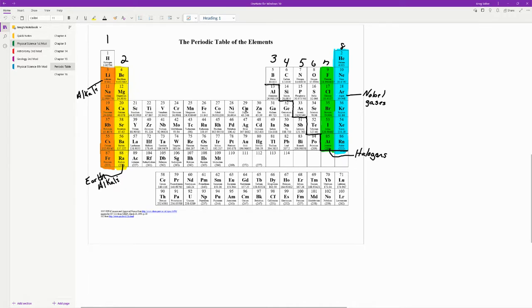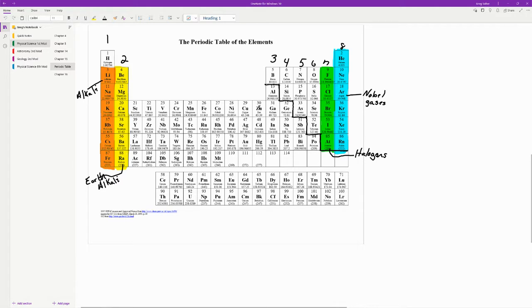Now, neutrons are not always equal to the number of protons. If we look, for example, at zinc, the atomic mass is 65 and there are 30 protons. Protons plus neutrons give me my mass number, so there are at least 35 neutrons in an atom of zinc.